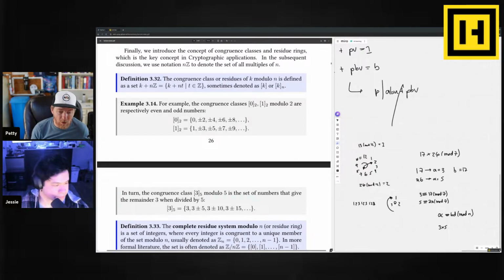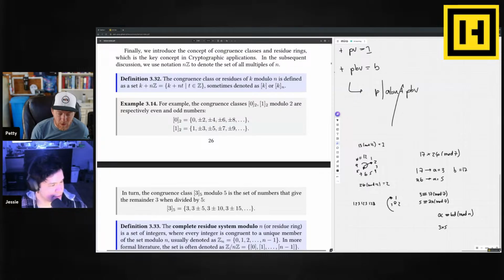Right, so reading it, the congruence class or residues of K modulo n is defined as the set K plus n times Z, where Z is the integers, which is equal to K plus n times t.